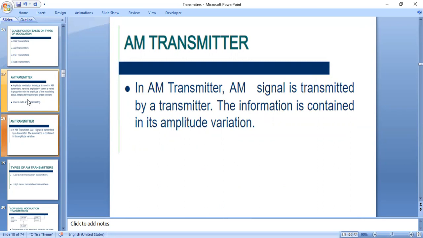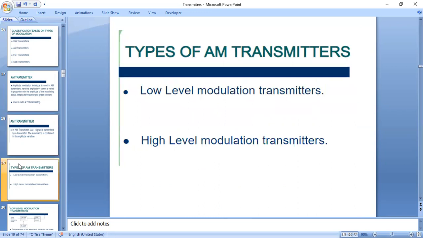Using an AM transmitter, we can transmit the AM signal. The information is contained in the form of amplitude variations. We can classify these AM transmitters into low-level modulation transmitters and high power level modulation transmitters.